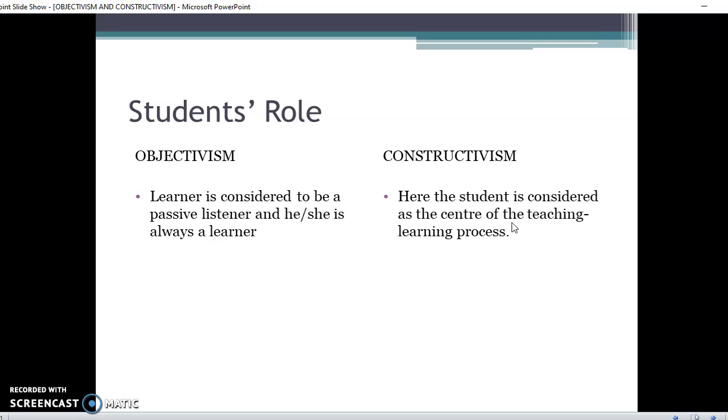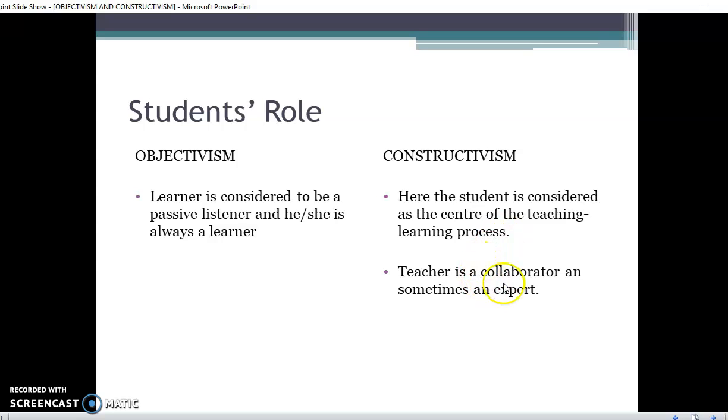There is no interaction happening because only the teacher is talking continuously and there is no role for a child in the teaching learning process, which is not so in constructivism, because the teacher is considering the child's interest, motivation, and readiness for the lecture, and then plans the entire lecture, keeping the child at the center of the process.